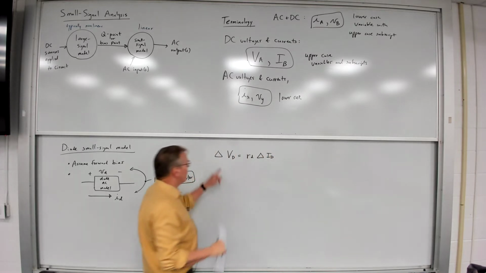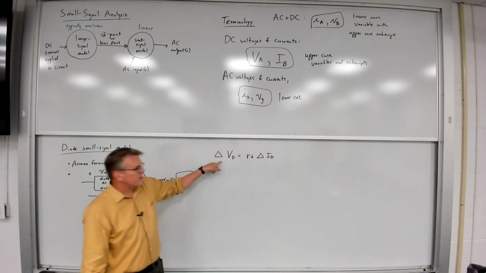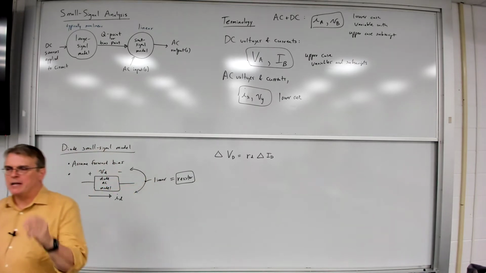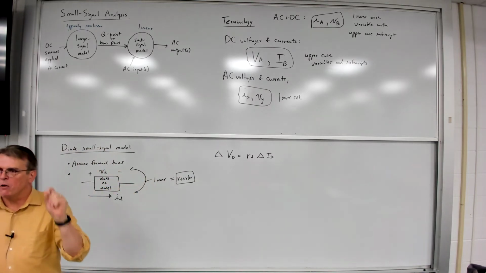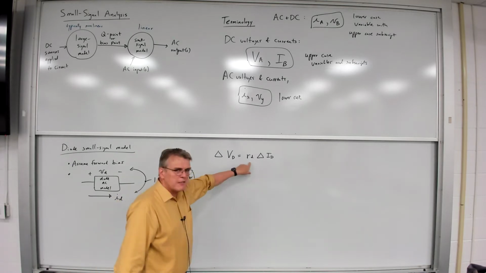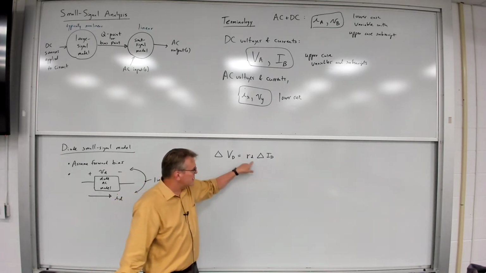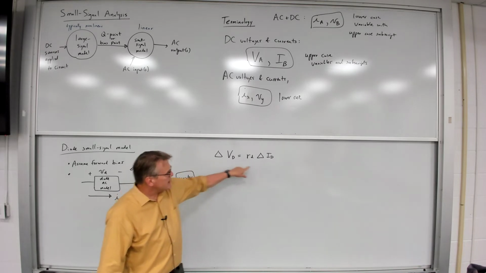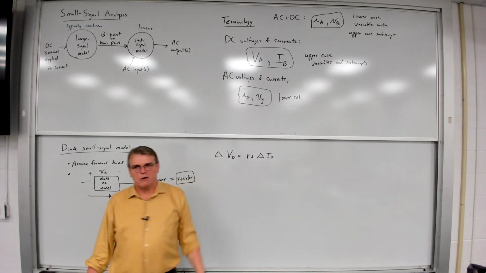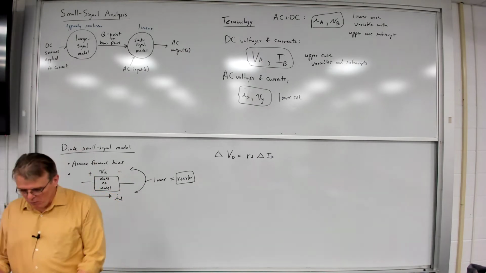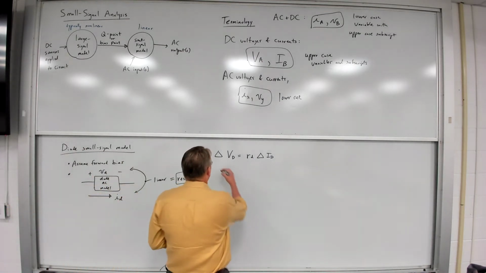What we're looking for is, if we shift the AC and the DC currents, the AC voltage and DC current of the diode by a small amount, we want to represent that with some resistance R sub D. So V is equal to I times R, or delta V is equal to delta I times R. So that's the kind of equation we want.